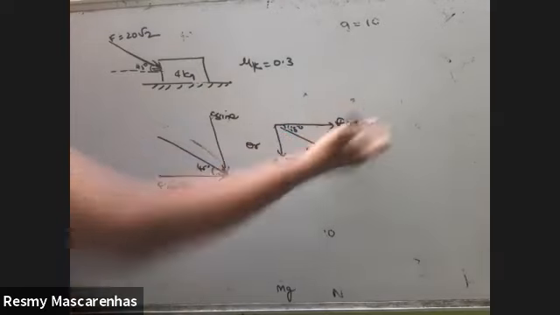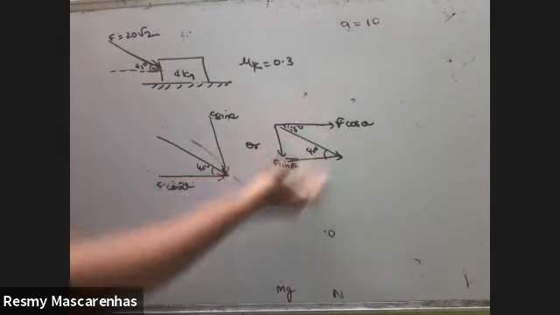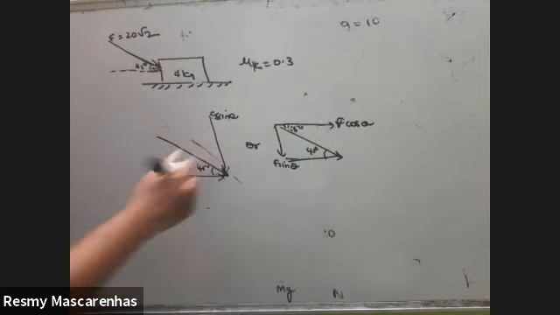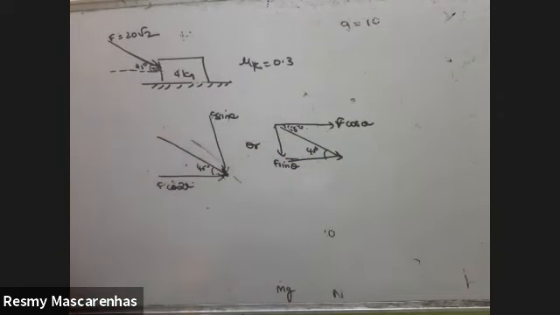This one is also going the same as this direction. And vertical is going the same. So whether you solve like this or like this, both mean the same. Same values you will get, same direction you will get.